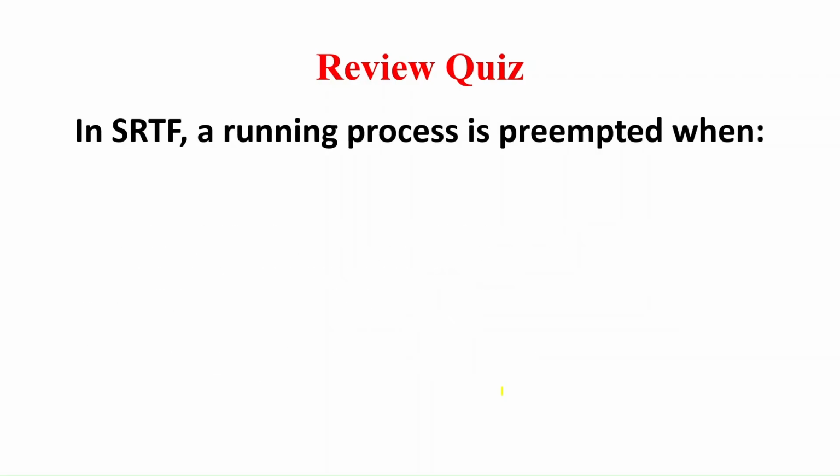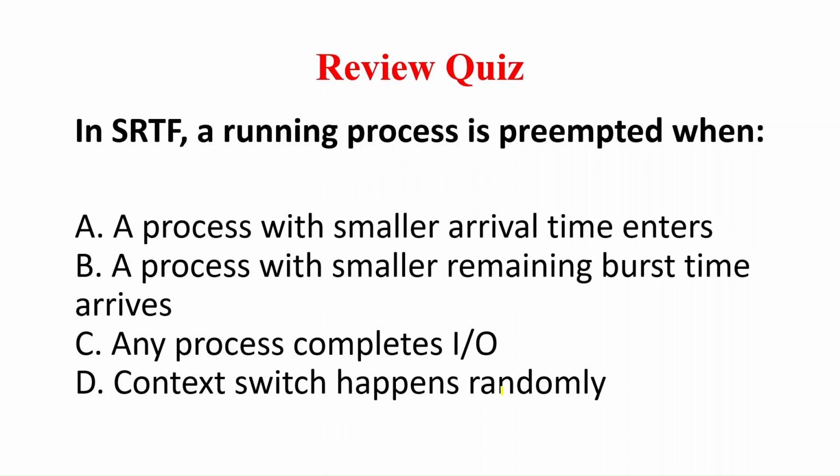In SRTF, a running process is preempted when: a process with a smaller arrival time enters; a process with smaller remaining burst time arrives; a process completes I/O; or a context switch happens randomly. Let's analyze. A process with smaller arrival time enters?